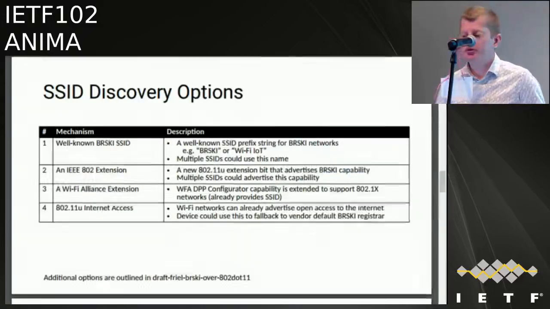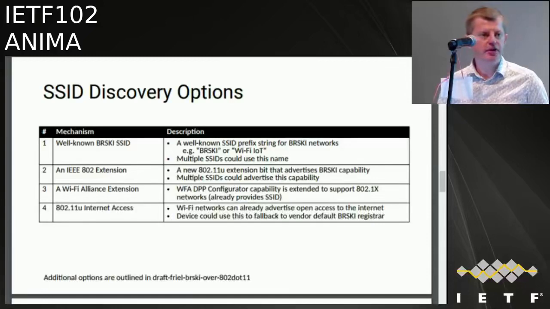So looking at just some of the options for SSID discovery, these are all documented in the draft, but these are just some of the top ones. We could define a well-known BRSKI SSID and make sure the network operators configure that SSID name, then devices will know to connect to that. We could define an 802 extension to advertise BRSKI capability. We could leverage a Wi-Fi Alliance extension.